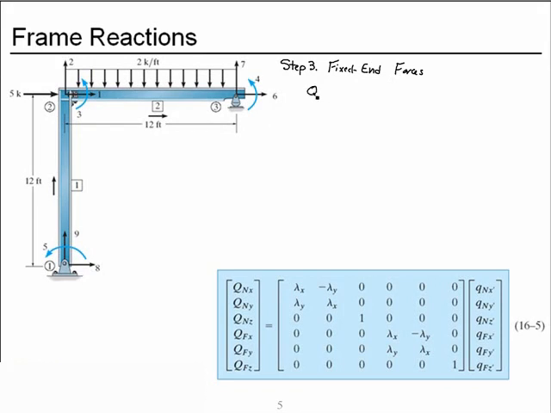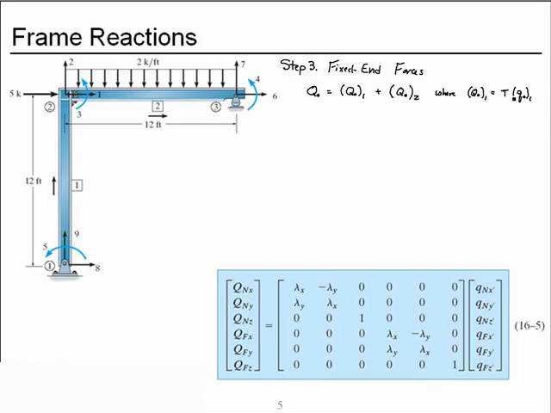And we need that in global coordinates for the structure, so we need to find the fixed end forces in global coordinates for member 1 and add them to the fixed end forces in global coordinates for member 2. And I get member fixed end forces in global coordinates by using the transformation matrix, we'll call capital T, times the fixed end forces in local coordinates.